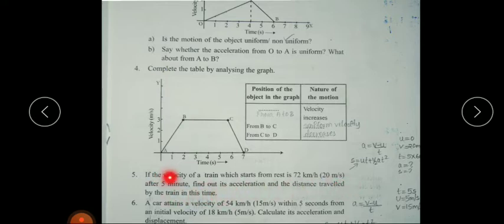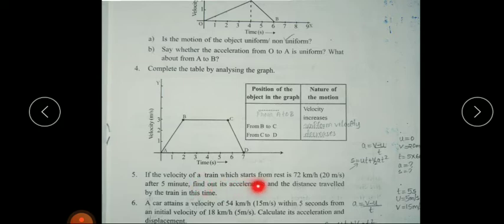If the train starts from rest, the initial velocity is 0 and the final velocity is 20 meter per second. Time is given in minutes, so convert this into seconds. 5 minutes is equal to 5 into 60, which means 300 seconds.